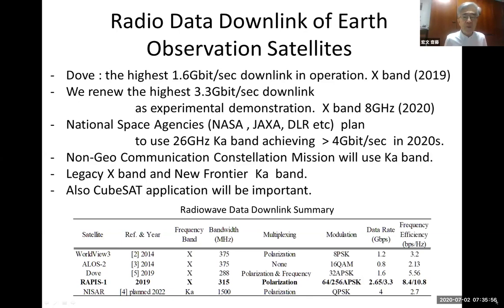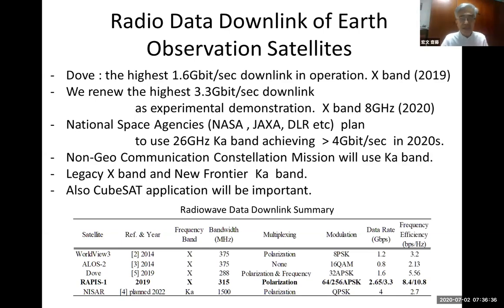recently. But this year, we renewed the highest 3.3 gigabit per second downlink as a demonstration experiment, not operational one. And the National Space Agency, like NASA or JAXA or DLR, use 26 gigahertz K band, achieving higher than 4 gigabit per second in 2020s.